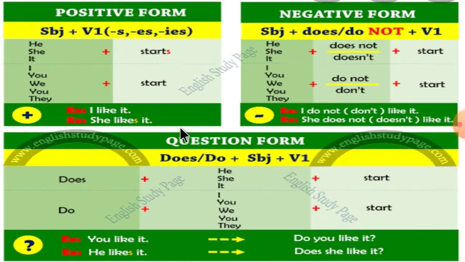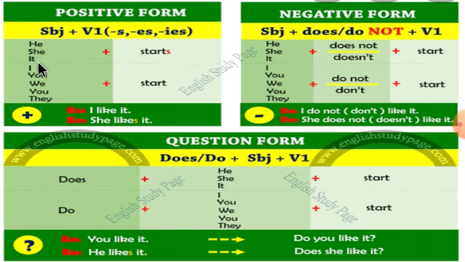So let's see. Subject plus verb, and at the end of the verb you have to add s, es or ies to make a positive sentence.